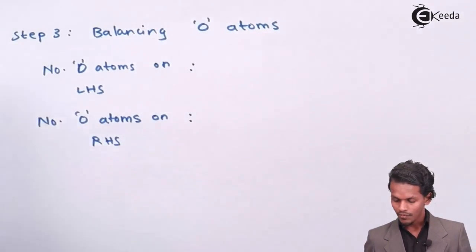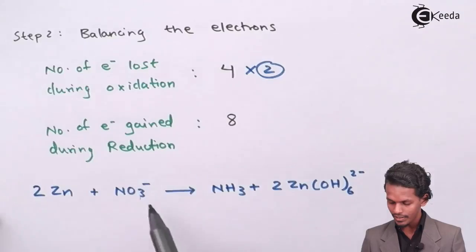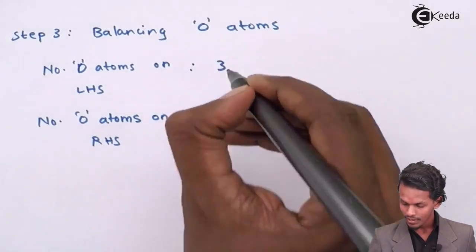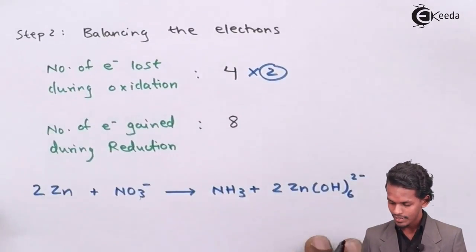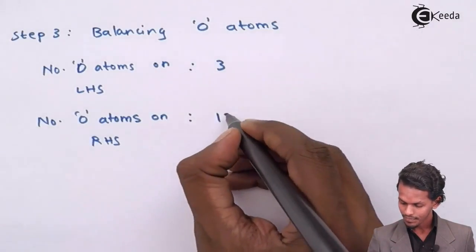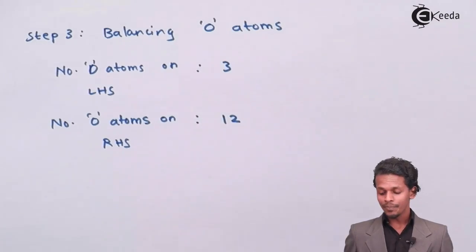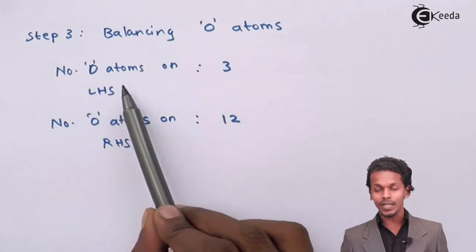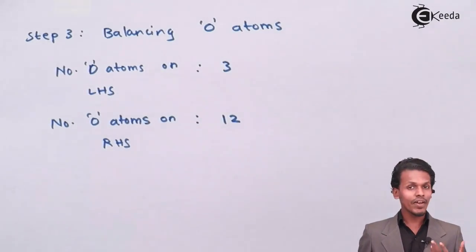For the left hand side it is 3, while for the right hand side it is 12. So friends, as we can see, there is a deficiency of oxygen atoms on the left hand side. So what do we have to do?